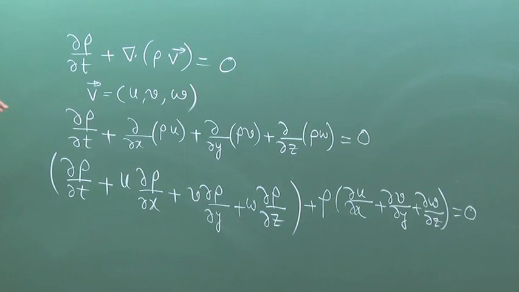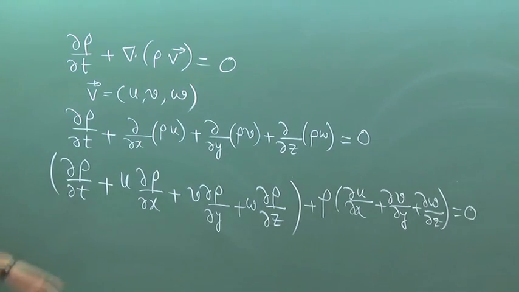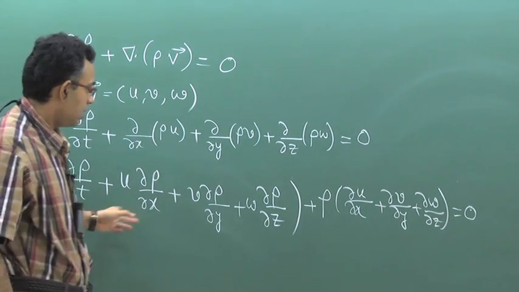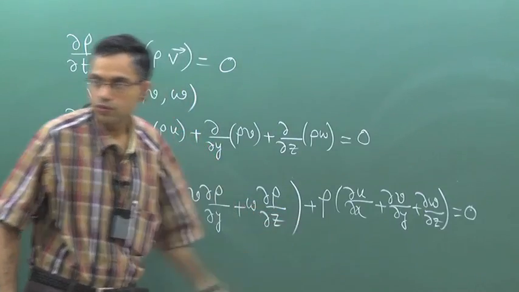What we have done is we have expanded each term in terms of the product rule of the derivative. So, we have clubbed 3 terms here and the remaining 3 terms with rho.